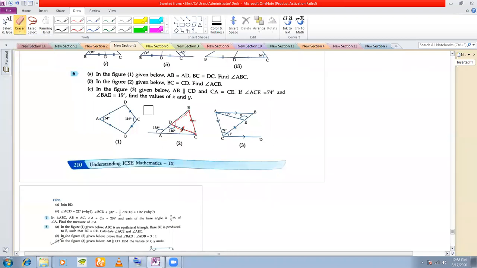So this is what you realize first. What should be this angle? 180 minus 116, which is how much? 64. This angle is 64, and therefore this angle is also 64 degree. Fine.